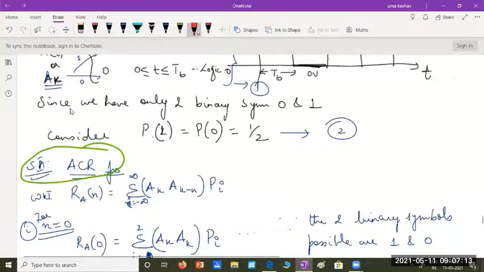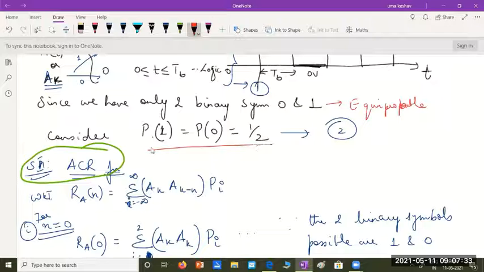Since we have only two binary symbols 0 and 1, naturally their probabilities will be equal. We'll consider both to be equiprobable. Considering both to be equiprobable, P of 1 is equal to P of 0, which is half.